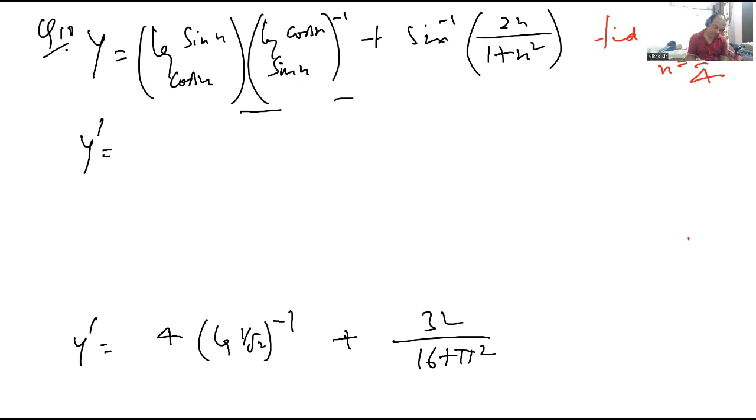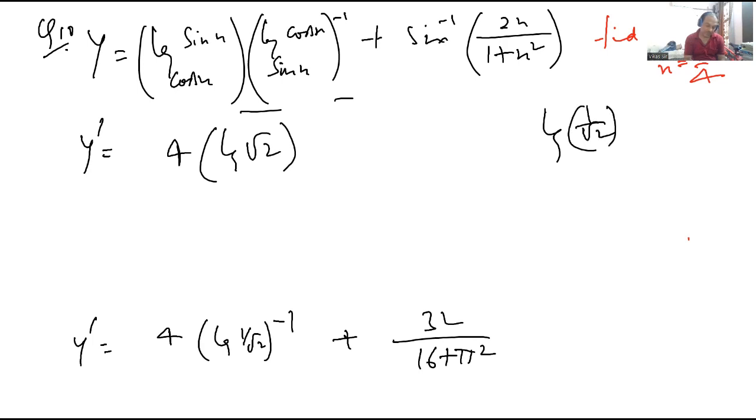If you are not getting the point, you can see here you have log 1 over root 2, and this whole is to the power minus 1.